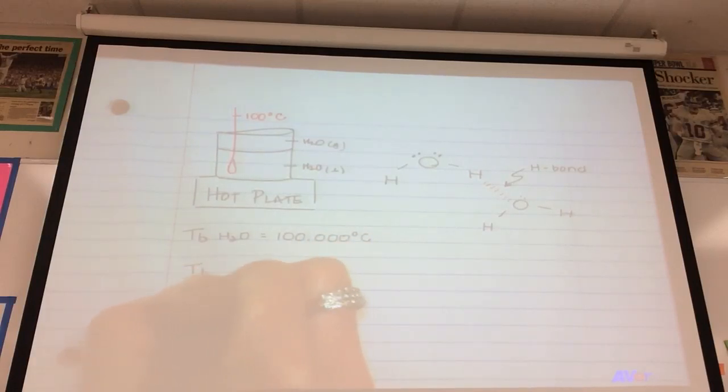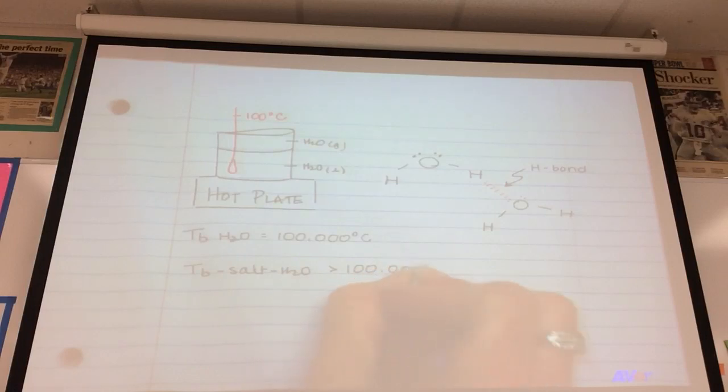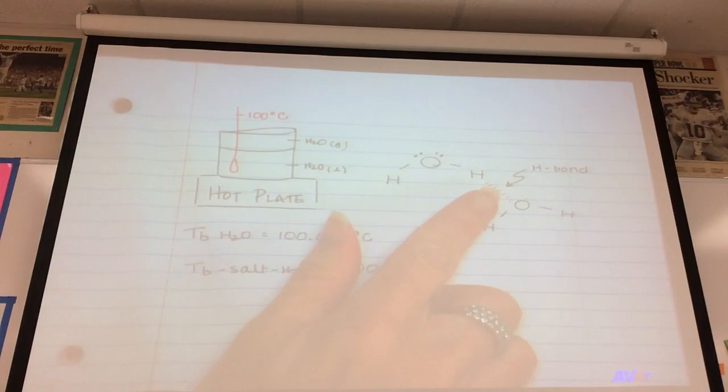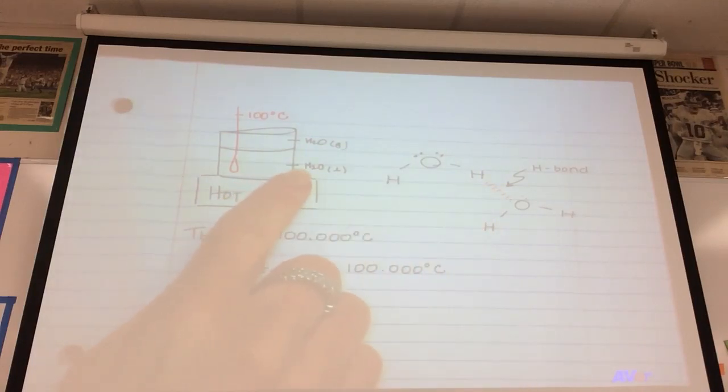The boiling point of a saltwater solution will be greater than 100 degrees Celsius. At a certain temperature, the intermolecular forces will be broken, and the water in the liquid state will transition to the gaseous state.